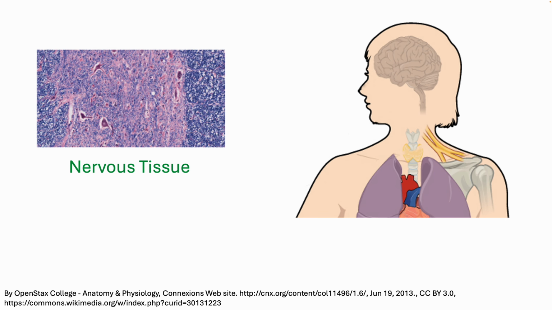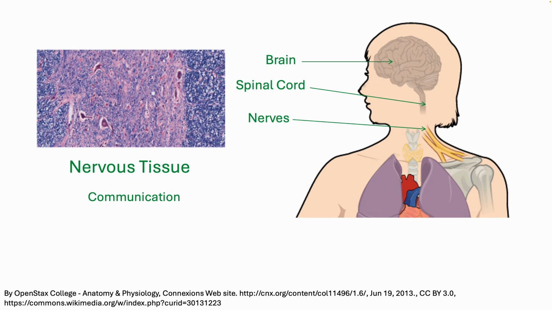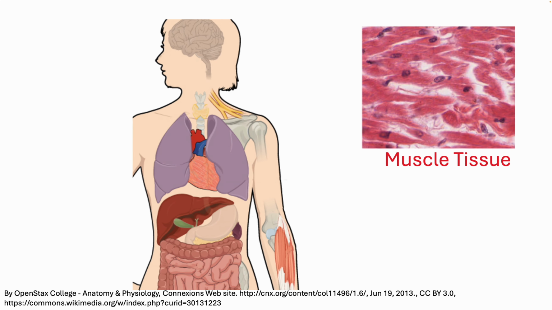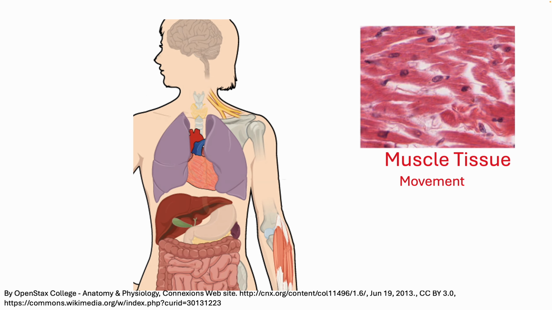So nervous tissue, this is the tissue that we find in our nervous system. So brain, spinal cord, nerves, etc. It's going to be involved with communication, so it allows us to control and sense our environment. Muscle tissue is what is responsible for movement, along with some types of connective tissue that the muscle tissue will connect to.